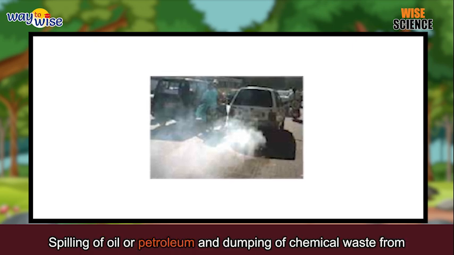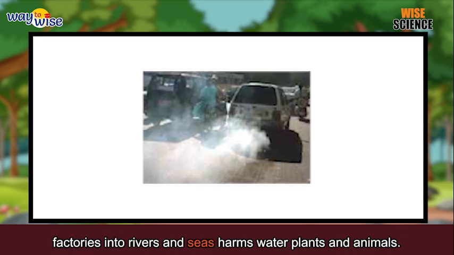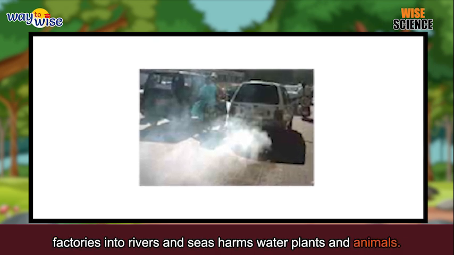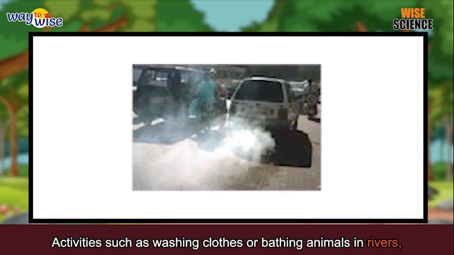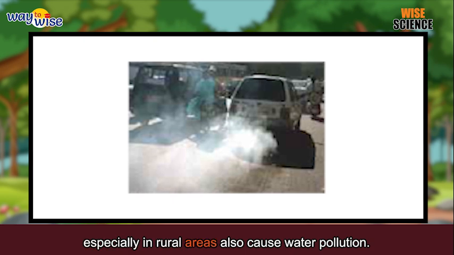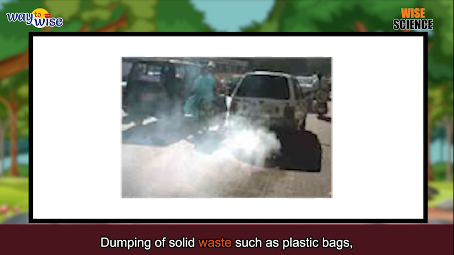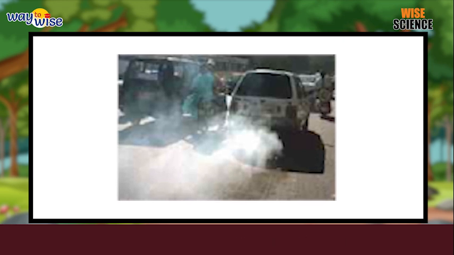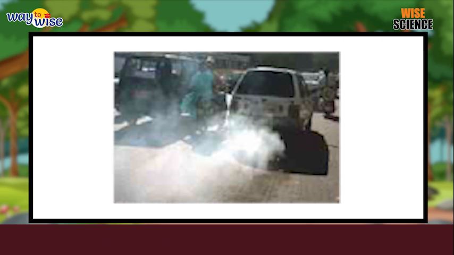Spilling of oil or petroleum and dumping of chemical waste from factories into rivers and seas harms water plants and animals. Activities such as washing clothes or bathing animals in rivers, especially in rural areas, also cause water pollution. Dumping of solid wastes such as plastic bags, glass bottles, and metal containers causes land pollution.